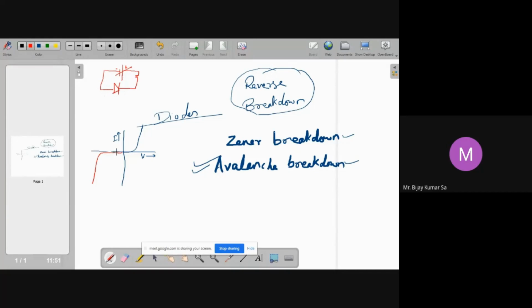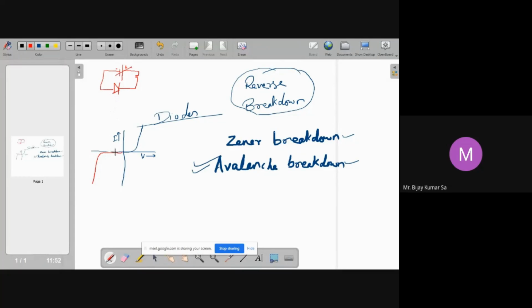While I am increasing the reverse bias, I am moving in the x direction towards the left. The current through the diode is not increasing much.